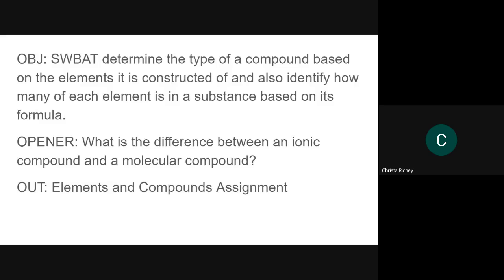And molecular is the same thing as covalent. And those are going to be non-metals and non-metals. There are not metals and there are not polyatomic ions in a molecular or covalent compound. Molecular and covalent mean the same thing. It's just two different words that mean the same thing, and they're going to be made up of nothing but non-metals.